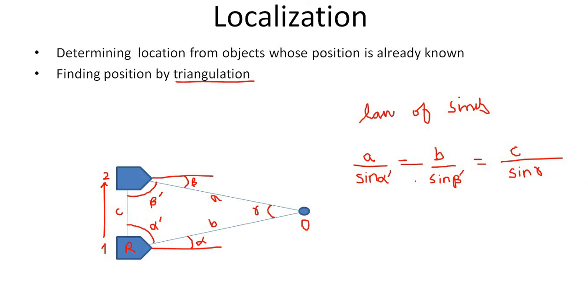So we have this relation. One by one we equate, and then we see what are the knowns, and then we find the unknowns.